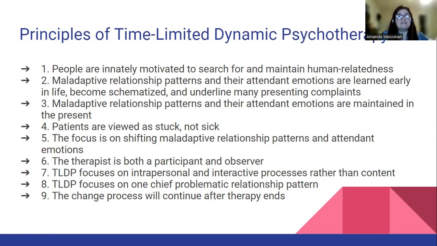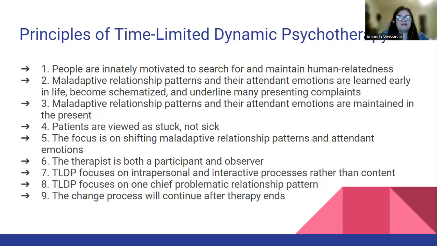Next, TLDP focuses on intrapersonal and interactive processes rather than content. This means that TLDP isn't necessarily concerned with what the client's disruptions, challenges, and problems are about, but more so what's behind it.